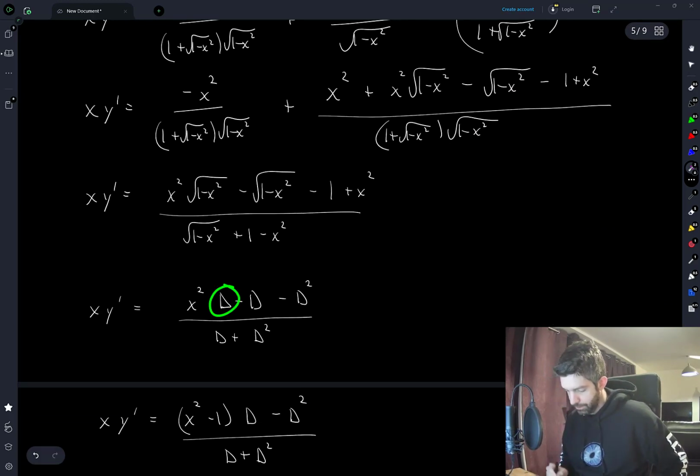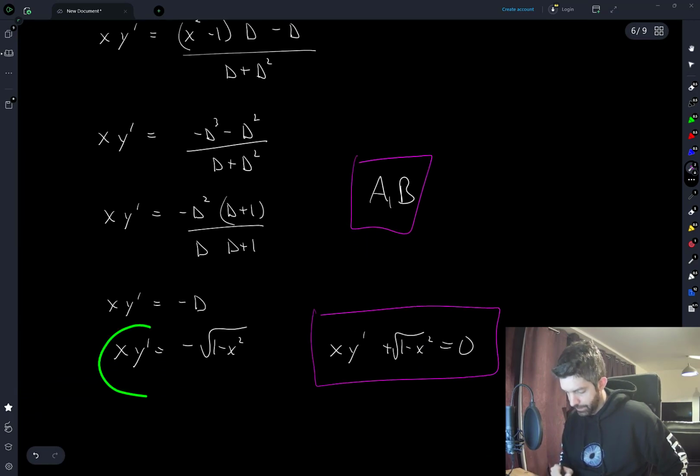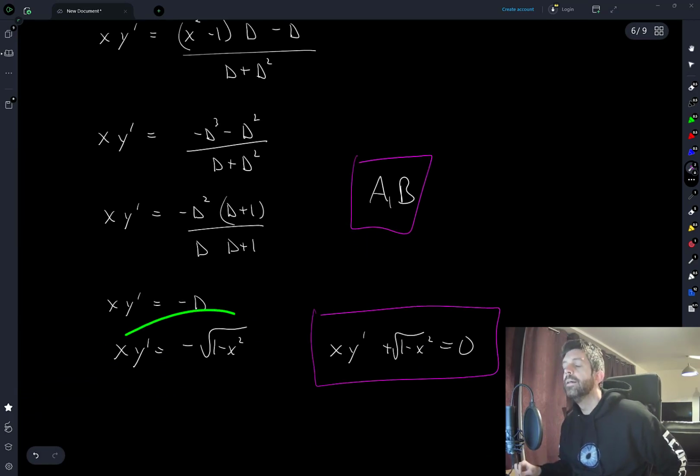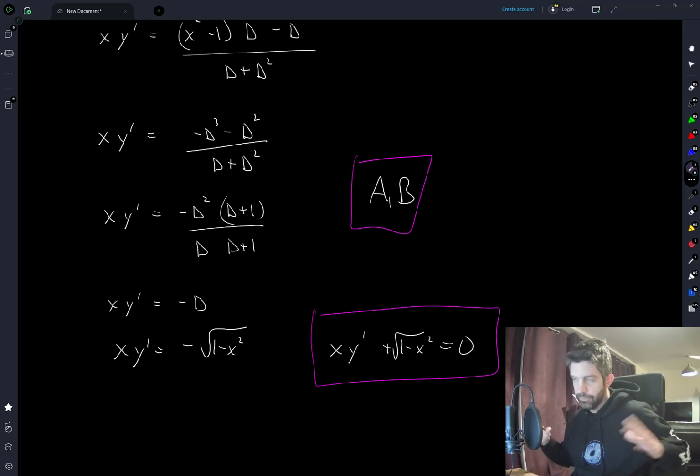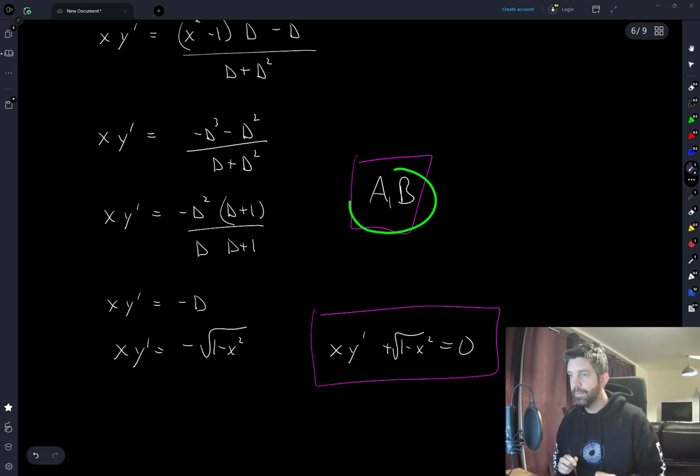I didn't do that till pretty much right at the end. And then I ended up with the same ODE that we had derived in the first place. So unless I made some algebra mistakes or something like that, I'm pretty confident with the approach that I took here, and I think that the answers are A and B.